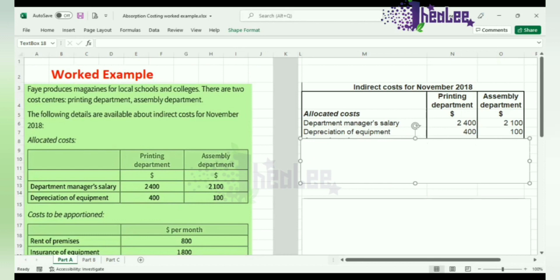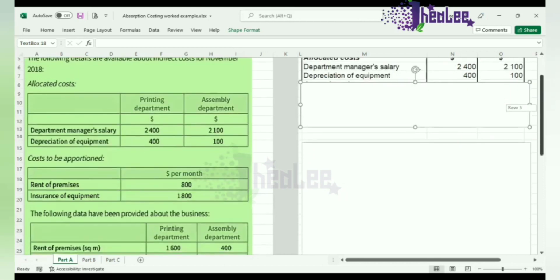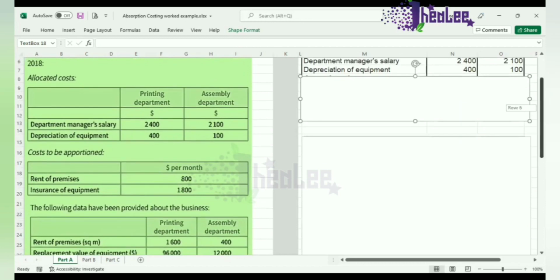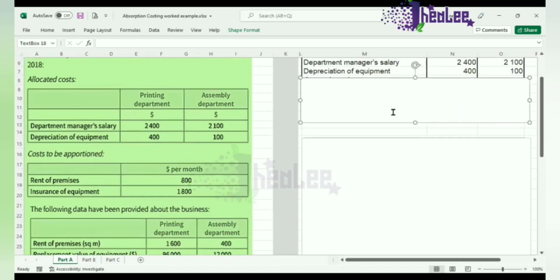Now we're going to look at the cost to be apportioned. Remember, we have rent, we have insurance, but we're going to look at rent first. But in terms of this, we have to do some workings, guys. So we need to find out how much of this 800 must be apportioned to each department.